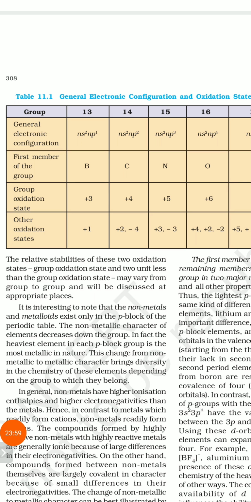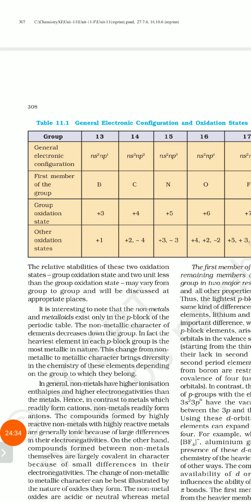There is no proper definition for that. It just means ns electrons do not participate in chemical reactions; only the electrons in the p orbitals combine. That effect is called the inert pair effect.